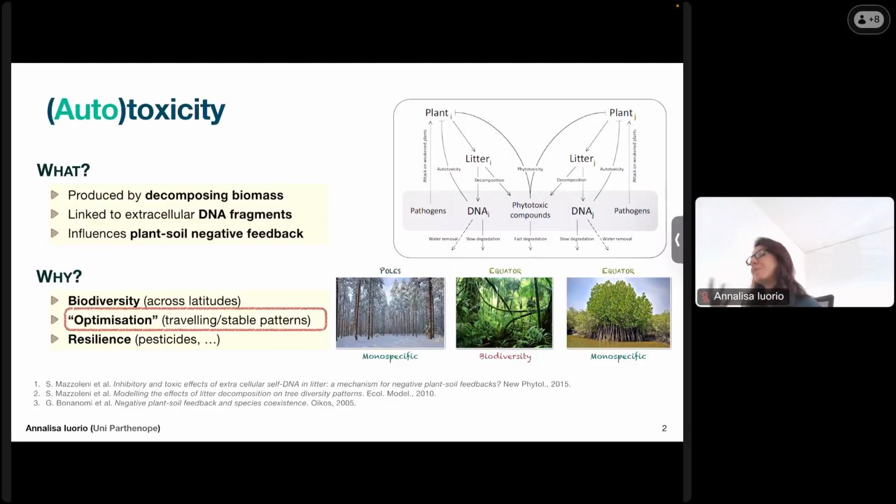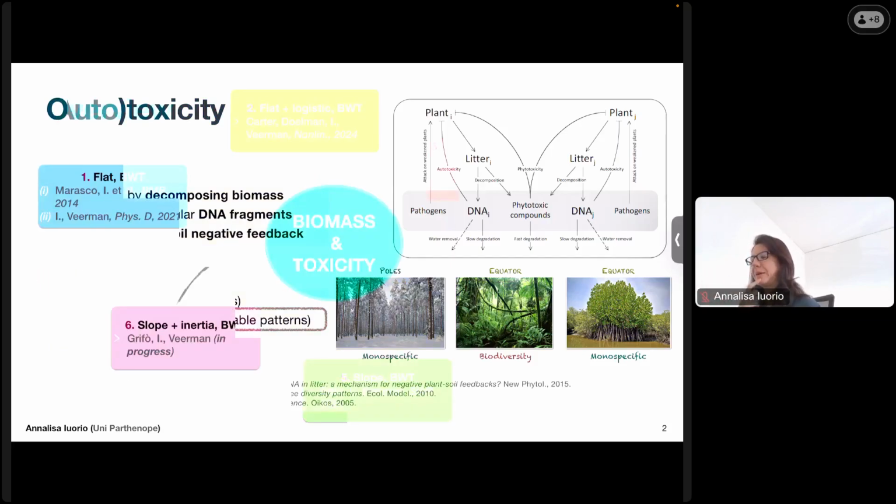We're going to see that autotoxicity is able to either induce movement in patterns that would otherwise be considered stable, or even produce spatial patterns in environments where water is not necessarily a limited resource, but I will go through it step by step.